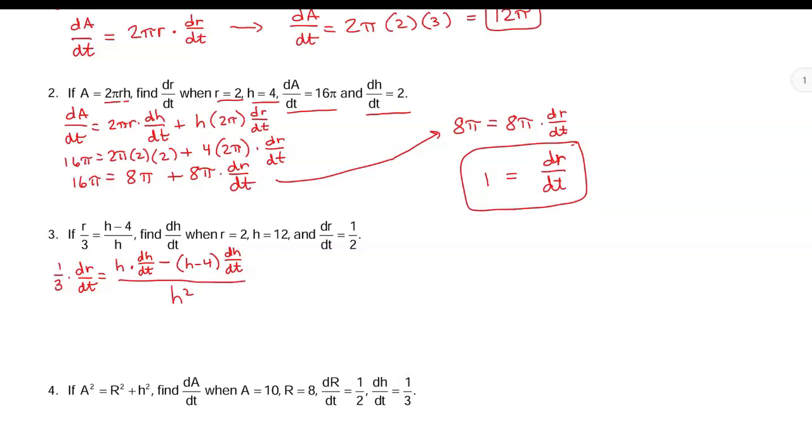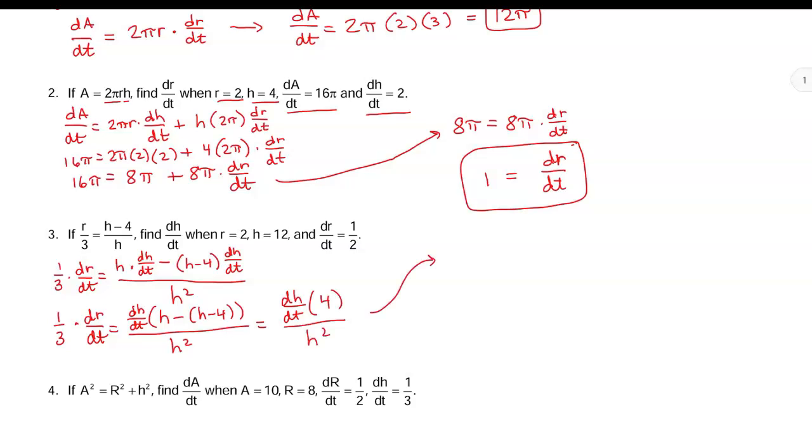Okay, I'm trying to find dh/dt. What I can do is simplify the expression a little bit. I'm just going to copy the left side. On the right side, I will factor out dh/dt from both terms, so I'll get h minus 4 in the numerator, which is dh/dt times h minus h will be 0, minus a negative 4 is positive 4, over h squared.